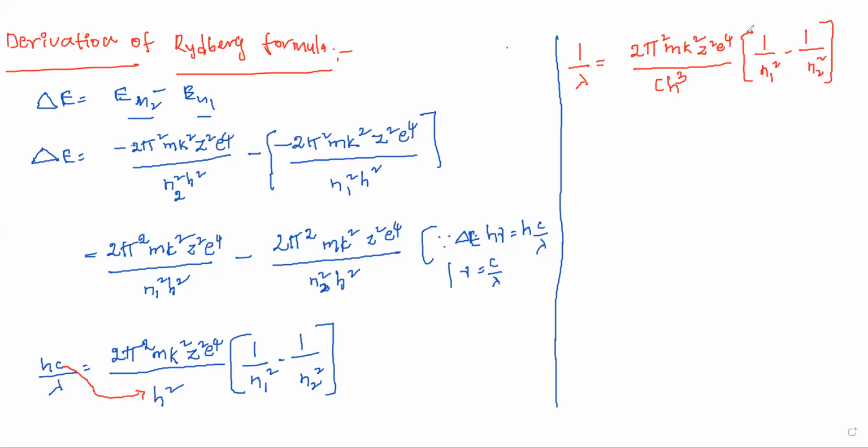Is it clear, everyone? And here, where 2 pi square m k square z square e to the power of 4 by ch cube is a constant.